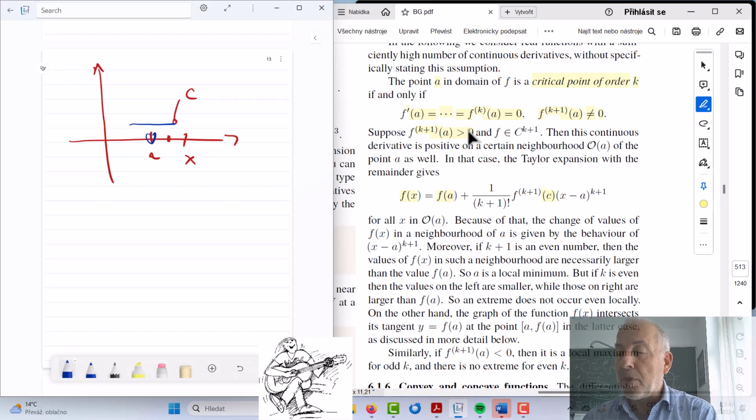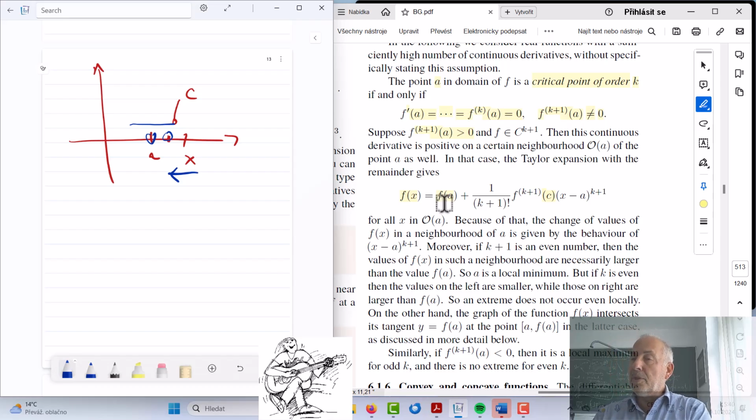So for x close enough to a, the k plus first derivative will be bigger than 0 for all such possible c's, by continuity. And therefore we see that the function has a local minimum at the point a, right?